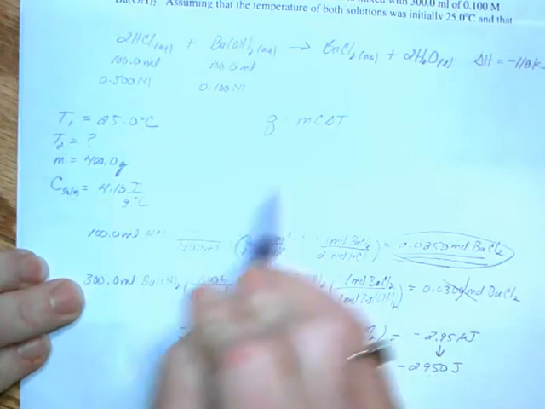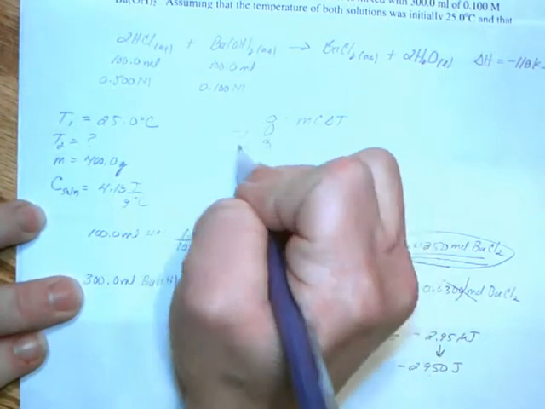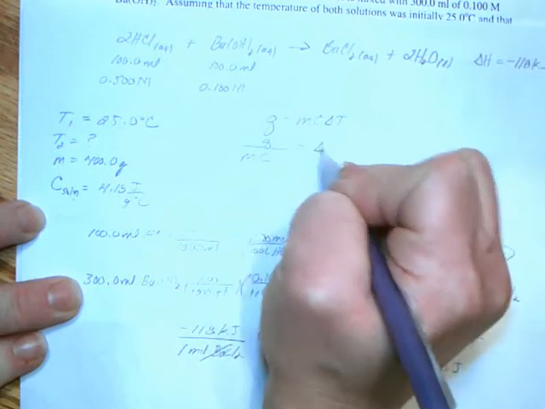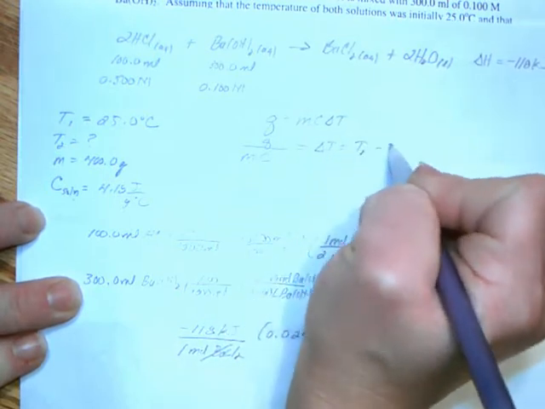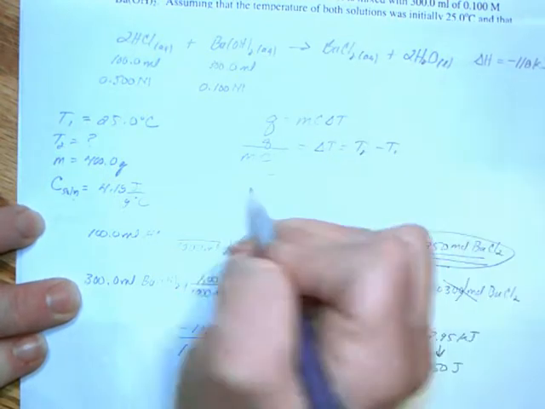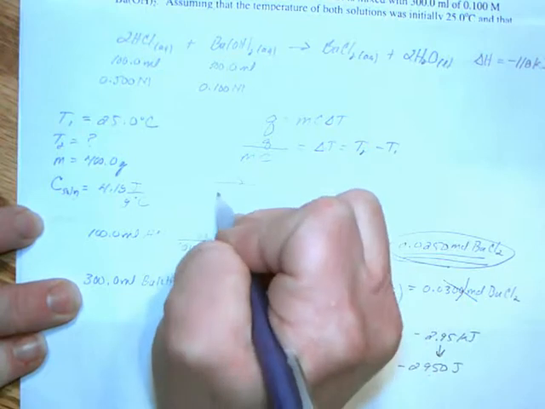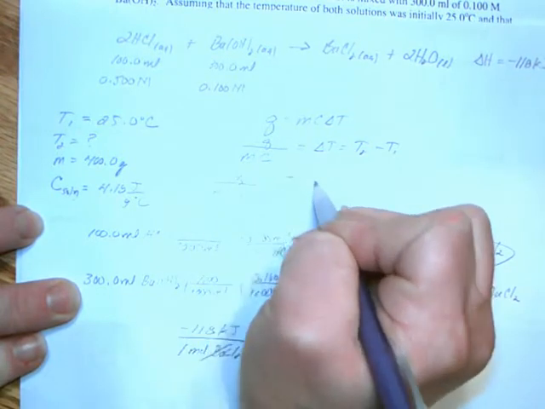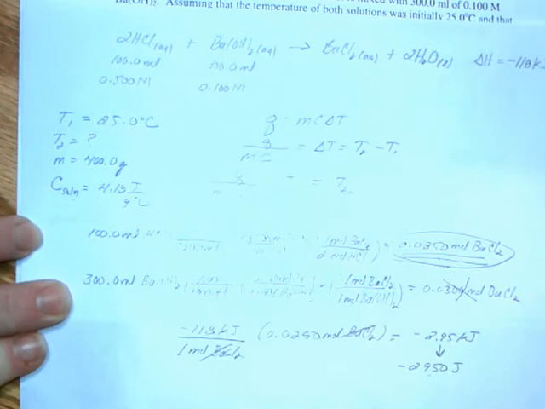Okay, so if I take Q divided by MC, then that will give me my delta T, which is T2 minus T1. So Q divided by MC plus T1 will give me my second temperature.